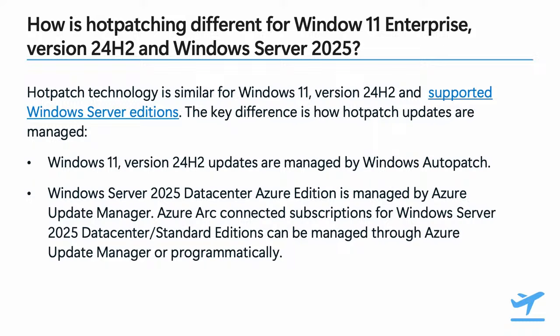Windows 11, 24H2, and 25H2 for client can get Hotpatch updates only through Windows Autopatch. For Windows Server 2025 Data Center Azure Edition, you can use Azure Update Manager, AUM. Azure Arc connected subscriptions for Windows Server 2025 Data Center and Standard Editions can be managed through AUM or programmatically.